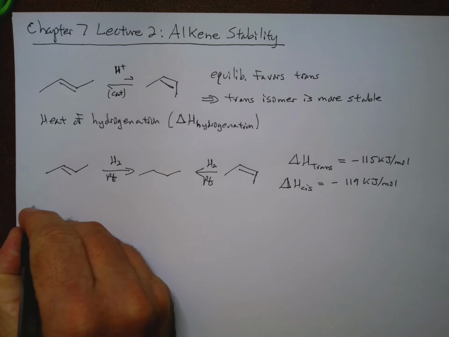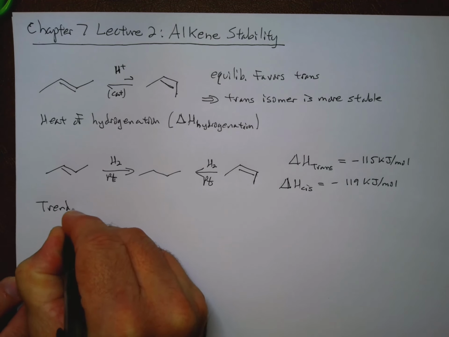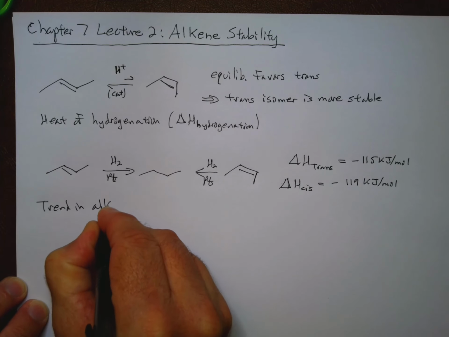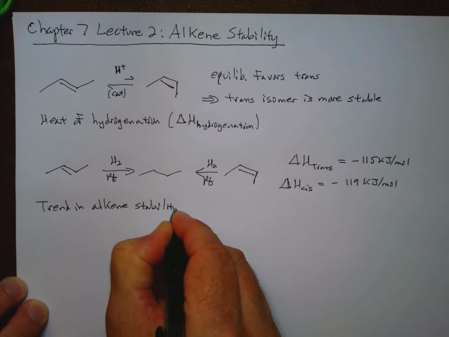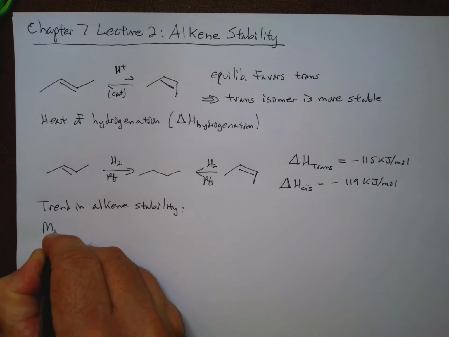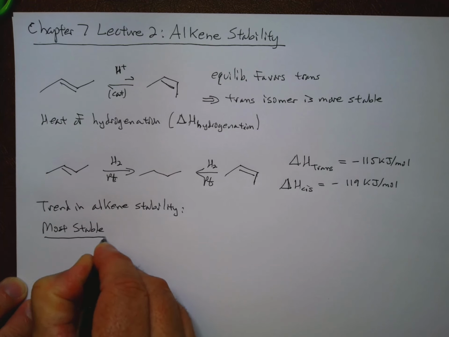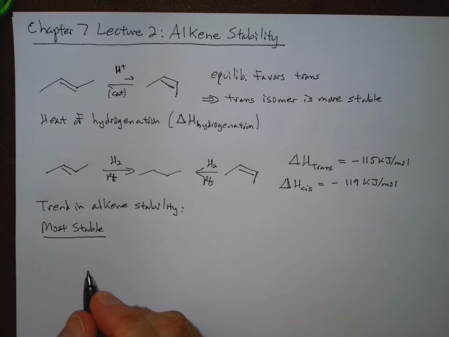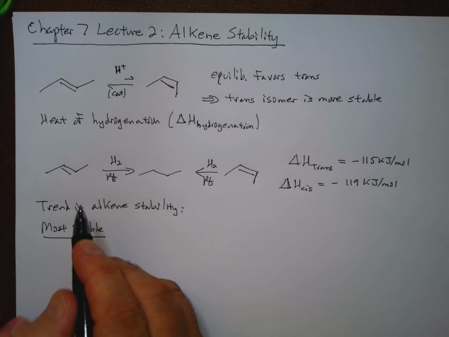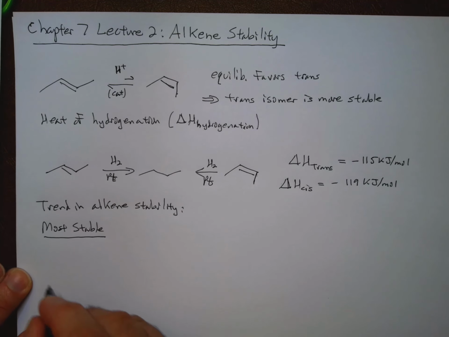So we'll look at the trend in alkene stability. The trend is that the more substituents you have attached to the double bond, the more stable.